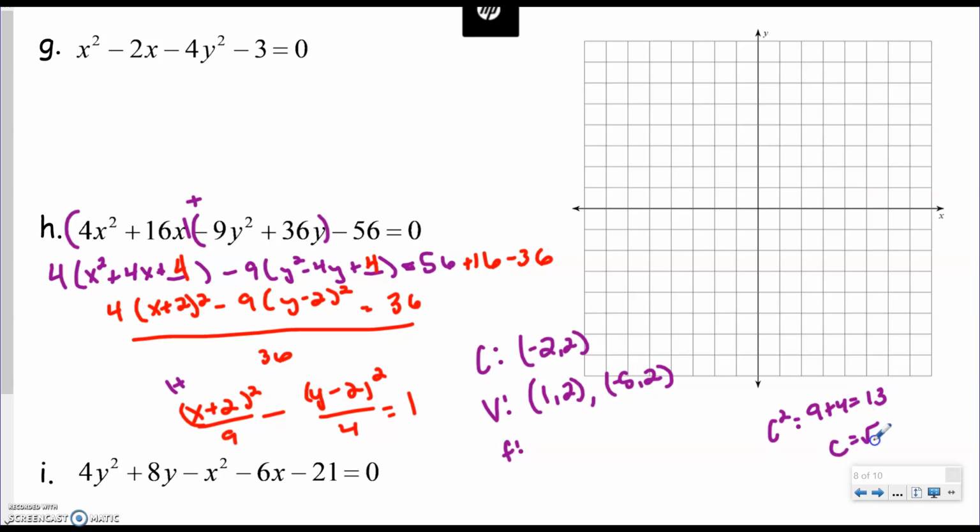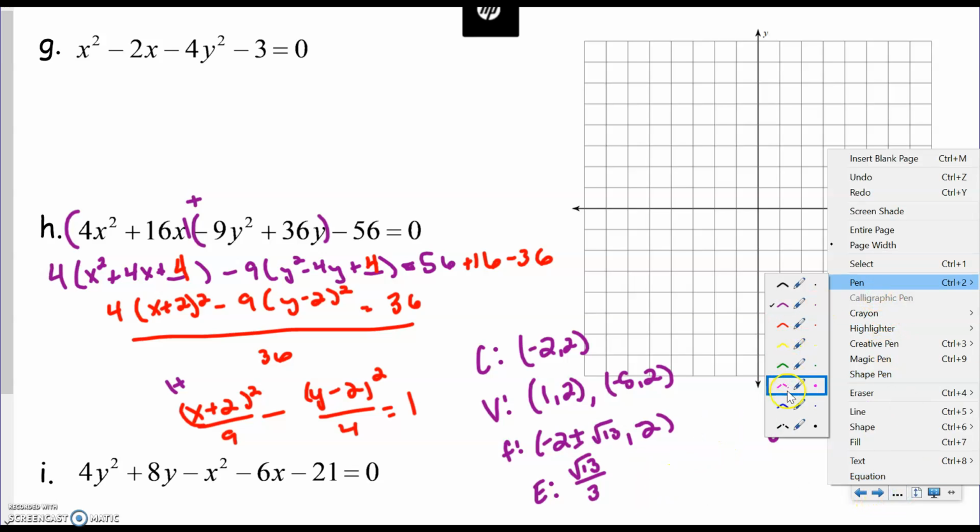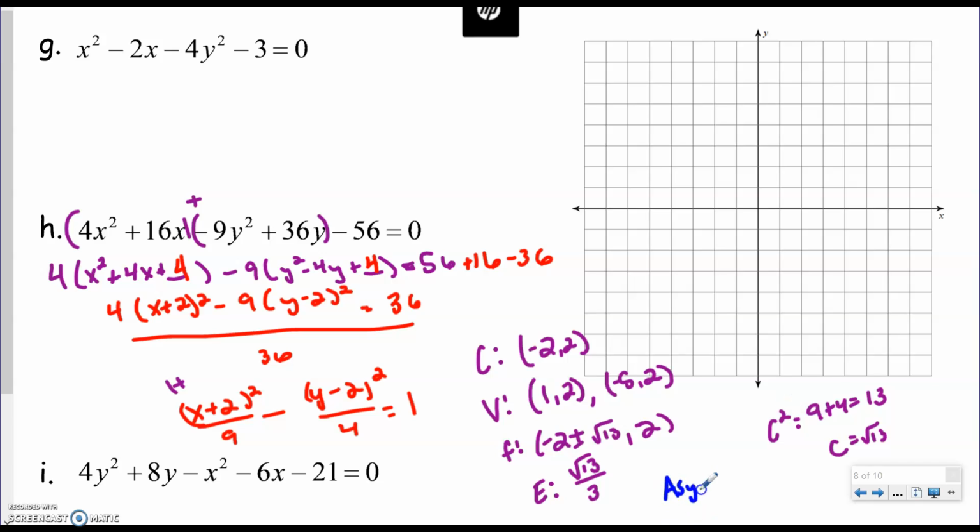So c equals the square root of 13. So we're going to do -2 plus or minus the square root of 13, 2. Eccentricity is the square root of 13 over 3. And then our asymptotes is going to be up 2 over 3.